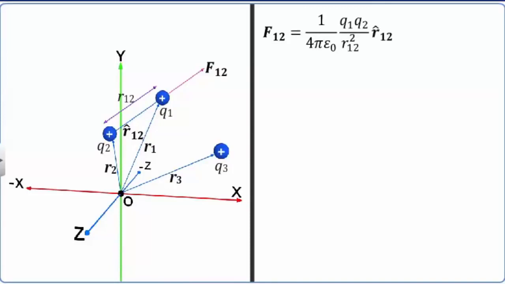R12 is the distance between Q1 and Q2, and R12 cap is the unit vector in the direction of the force F12.